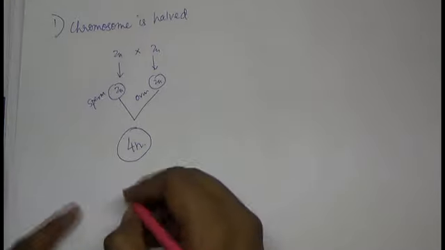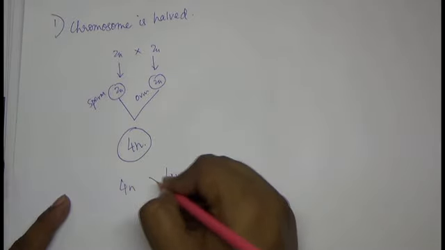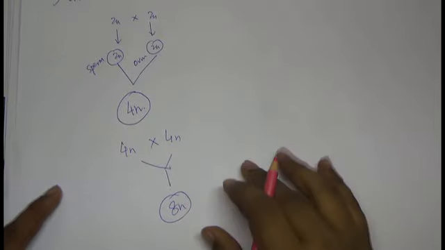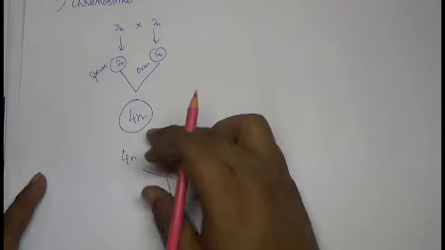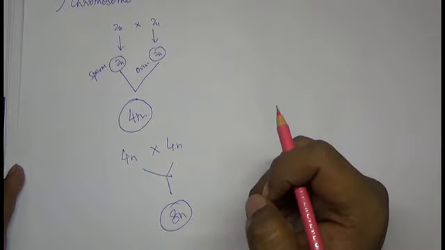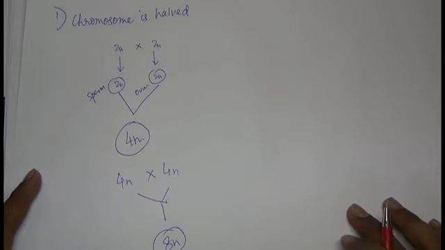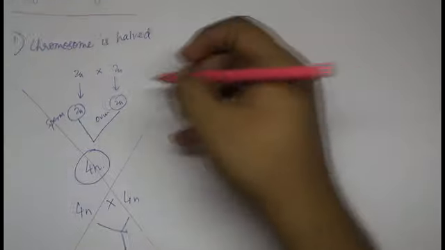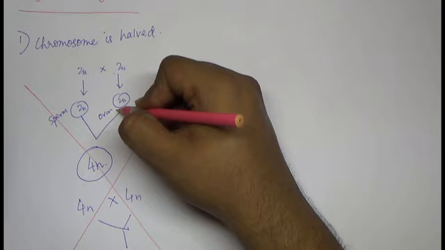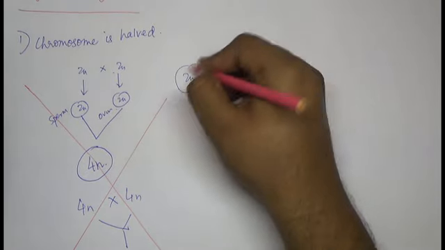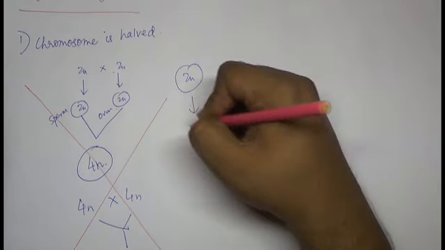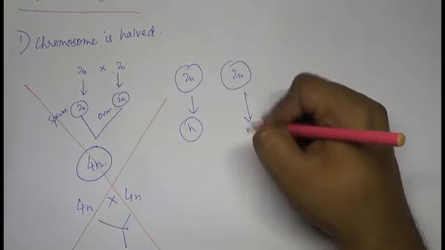Now suppose in the next generation, this 4n multiplies, what would be produced? An 8n baby. So in every generation the chromosome number would have doubled and the situation would have been a big disaster. It would have been a big disaster if meiosis did not happen. So to fix this, what does meiosis do? Meiosis halves the chromosome number. From a 2n chromosome number, only n comes.